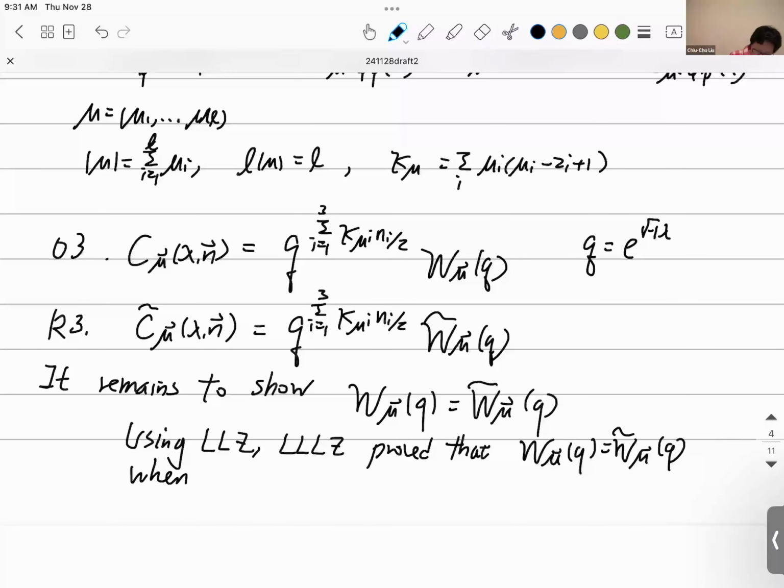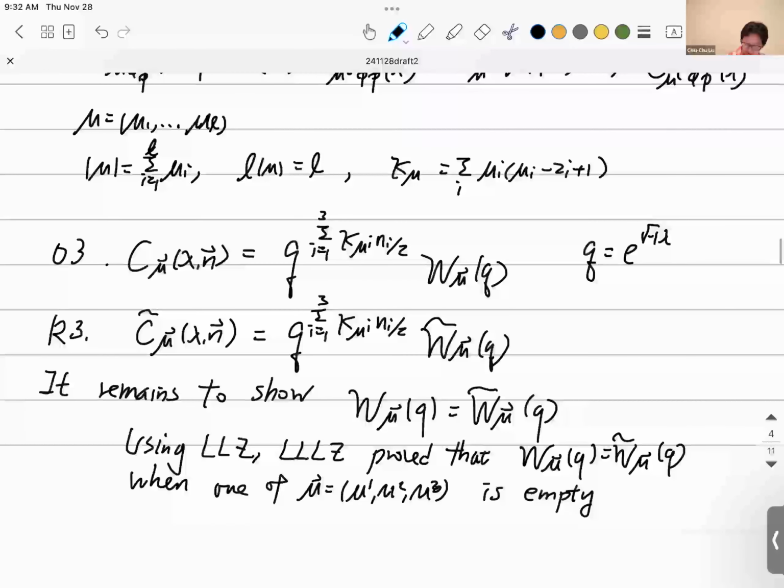So when one of the partitions is empty, we have this explicit expression W tilde, and then we sent it to Lam, and he composed some computer program, and they are equal.